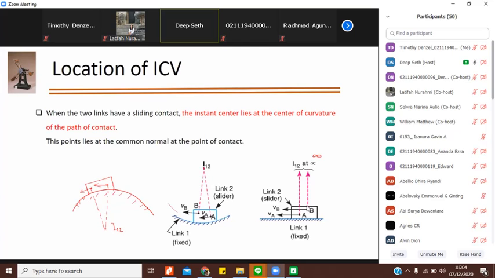So that is your radius of curvature actually. This radius. So this is your center of curvature and this is your instantaneous center. Okay. So when I'm writing 1, 2, actually your link 1 is this fixed link and link 2 is this. Okay.